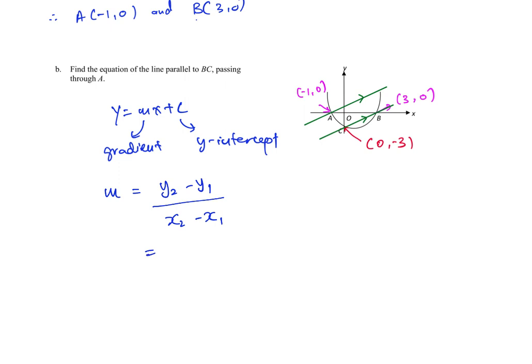You could label this as x1, y1 and this as x2, y2. Following the formula, y2 which is negative 3, minus y1 which is 0, over x2 which is 0, minus x1 which is 3. Simplifying, negative 3 divided by negative 3 is positive 1. So the gradient is just 1.